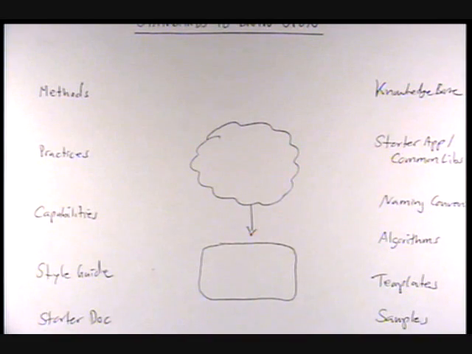Our capabilities, which is our ability to have different programming languages, some can import text, some can import SQL, different things like that. Our style guide, starter documentation, our knowledge base, the starter application, and common libraries for Team Developer and WinBatch, naming conventions, which are really in the starter app, algorithms, templates, samples, and so on.